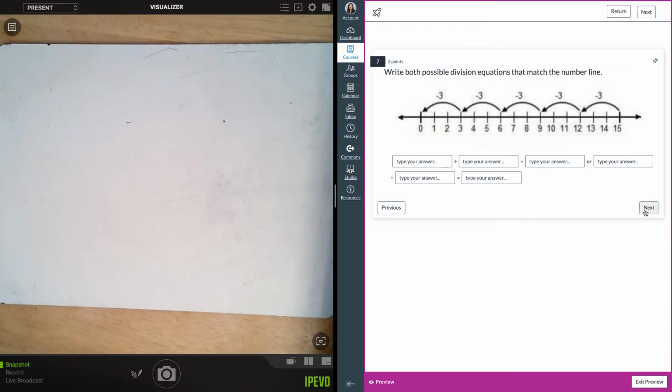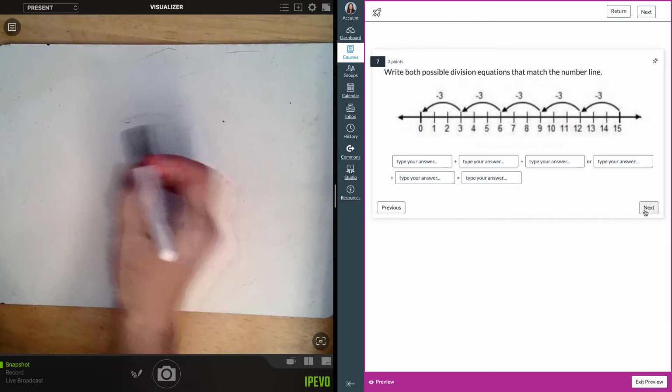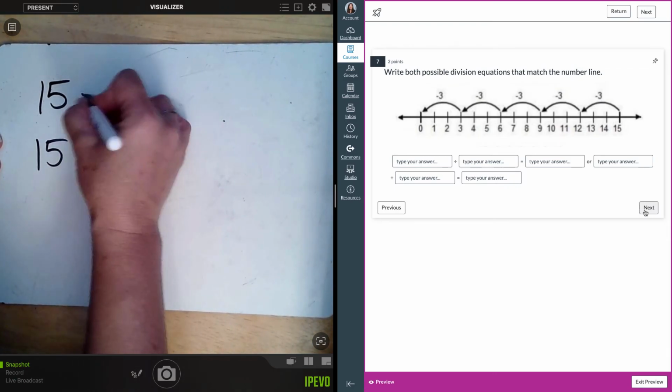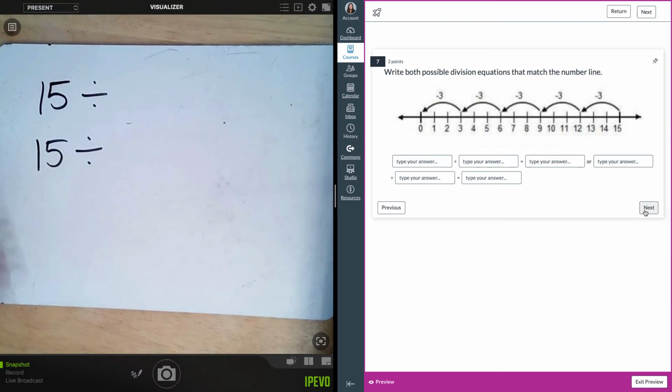Now, looking at our number line, write both possible division equations that match the number line. All right, I know that on the number line, the biggest number is 15. So I'm going to have 15 divided by for both of my equations, right? So I'm going to need 15 divided by something equals something, or 15 divided by something else equals something.